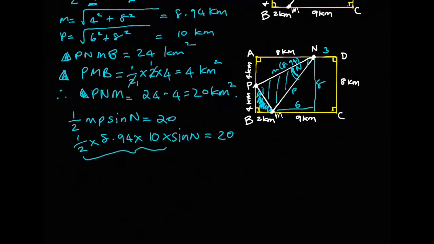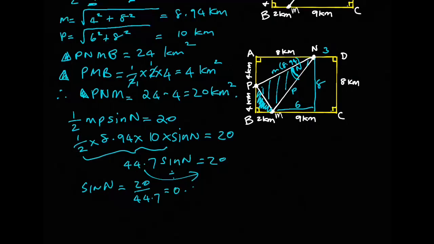So we can multiply all of that out, and we get 44.7 sine n equals 20. Bring that over to divide. Sine n is equal to 20 divided by 44.7, 0.447. And finally, n equals the sine inverse of 0.447, which equals 26.6 degrees.